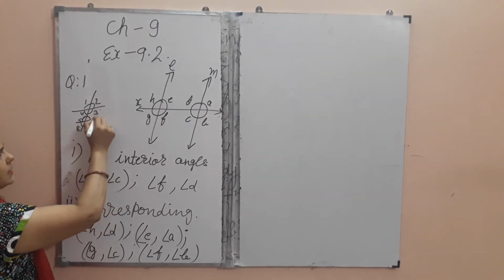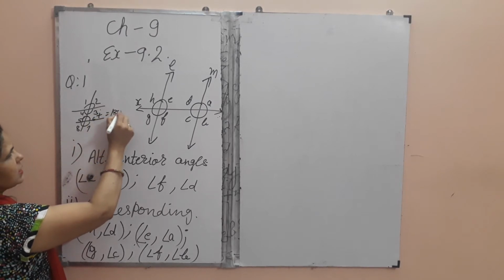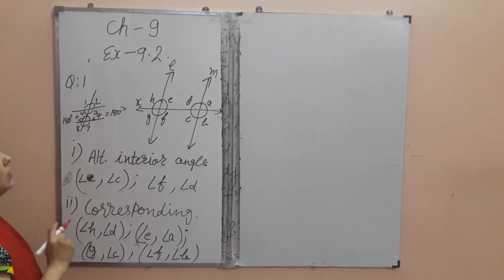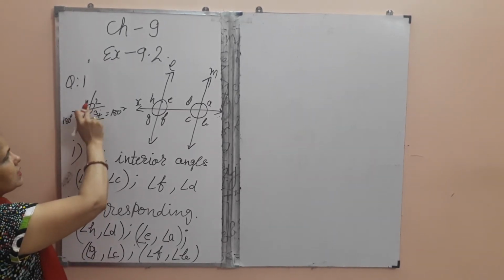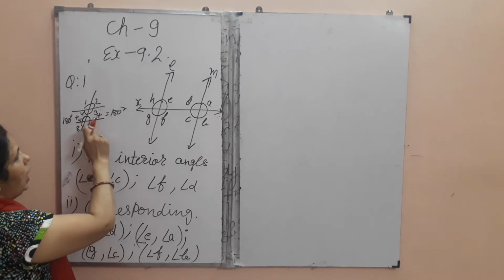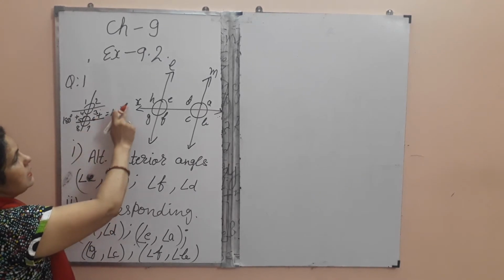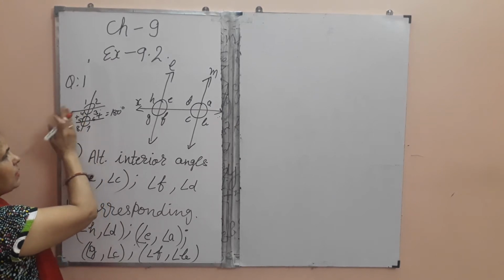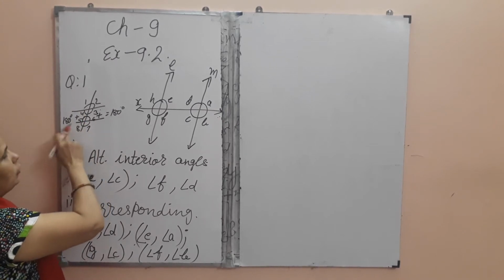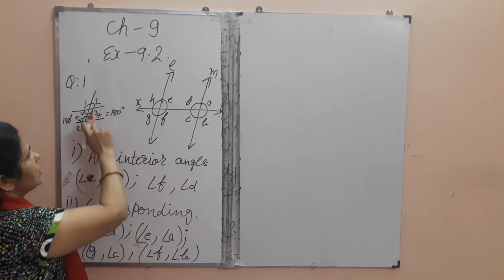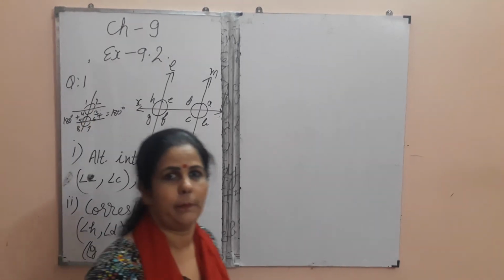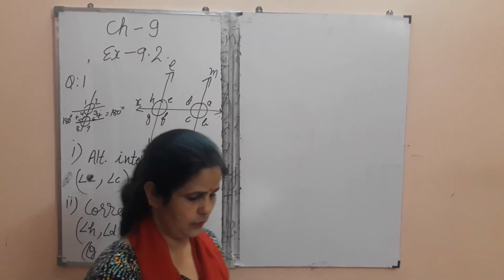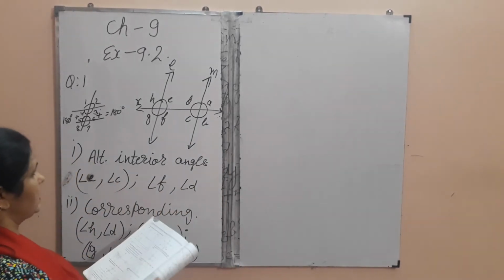Angle 3 plus 6 is equal to 180 degrees and angle 4 plus 5 is equal to 180 degrees. So interior angles on the same side of the transversal are always supplementary, and you can call them co-interior angles. Co-interior angles are always supplementary. Understood?